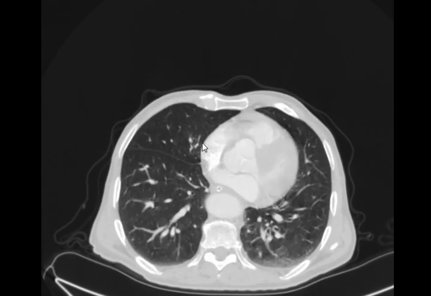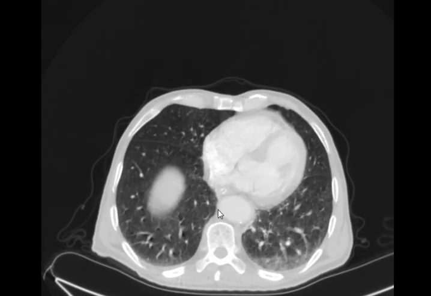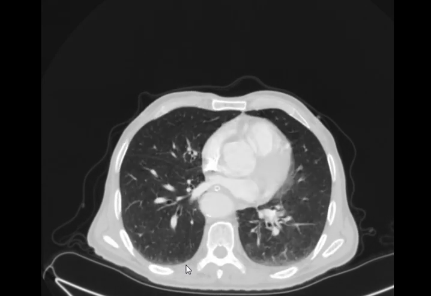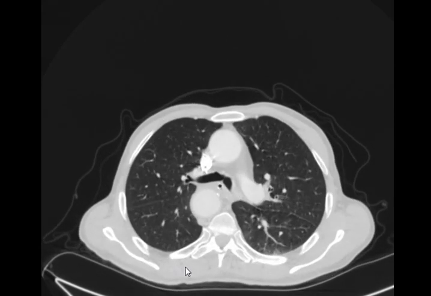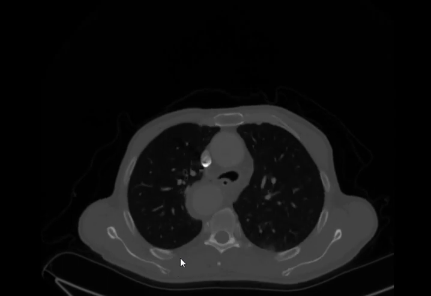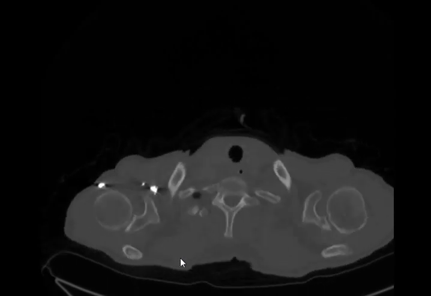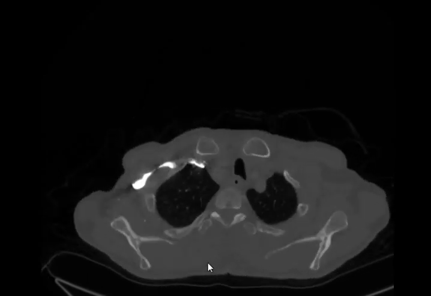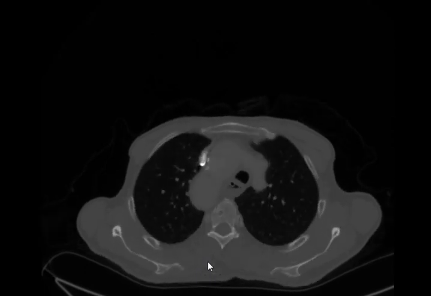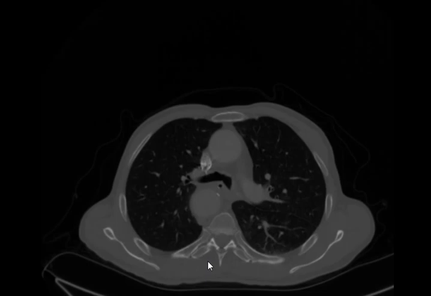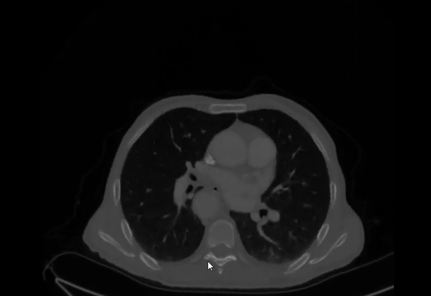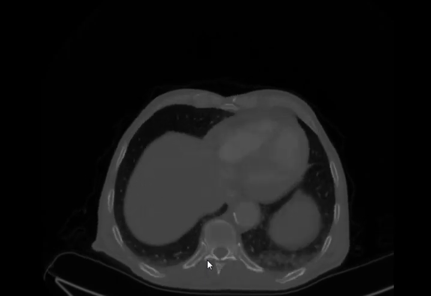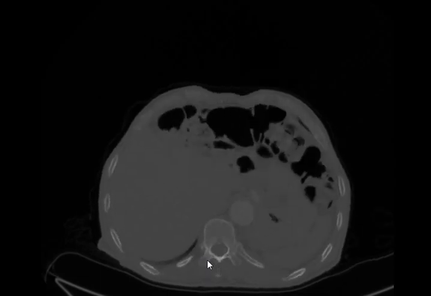Could be due to some mild infection, aspiration, gravitational effect, whatever. So we have nothing significant in the lung window. Let's see the bone window. Do we have any abnormality with the bone window? So we would tell this old man he's fine, he has a right-sided aortic arch, he's 70 years old, go home. He is 70 years old with a slight cardiac issue, easy.